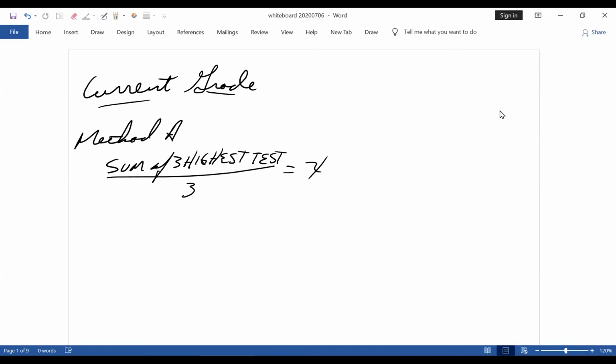Let's assume you take the three highest tests, and actually there's no other method, and you get the number X. If that number is 90 and above, you're getting an A in my class. If that number is 80 to 89, you're getting a B, 70 to 79, C. And I think all of you are in that.